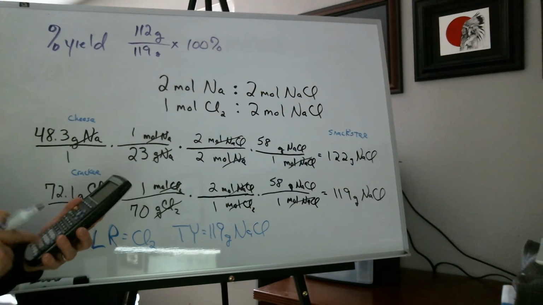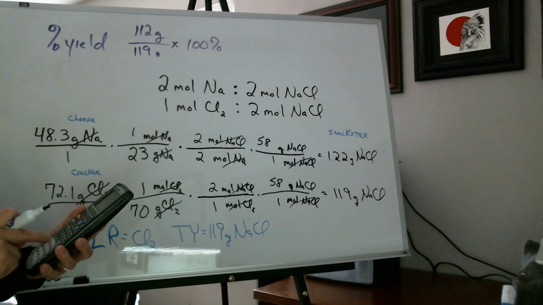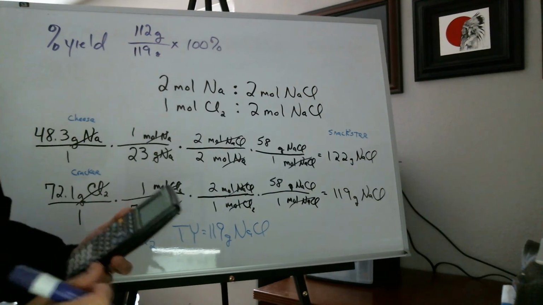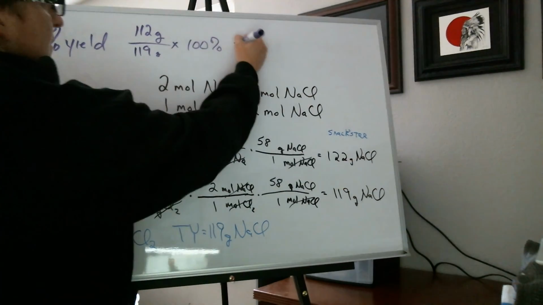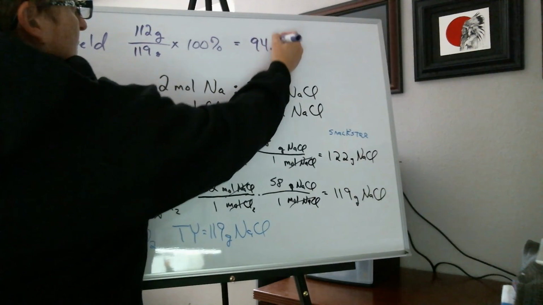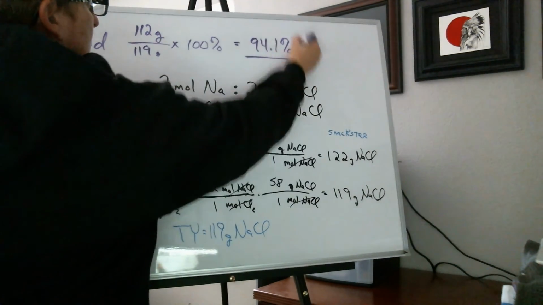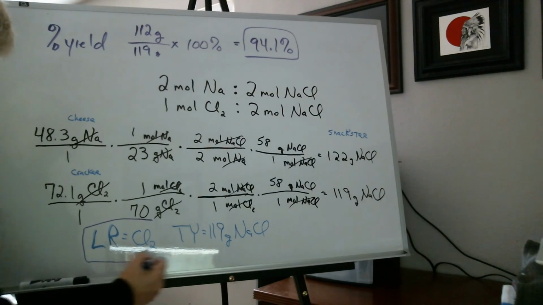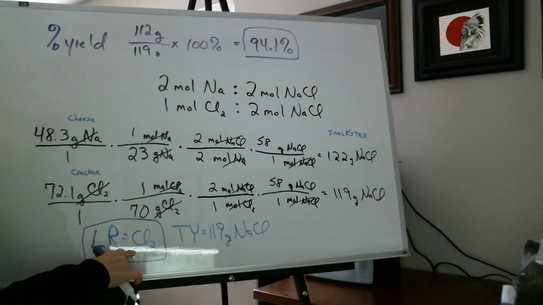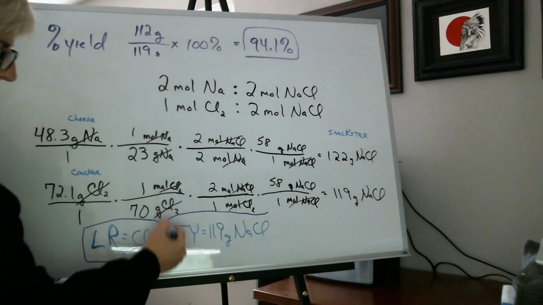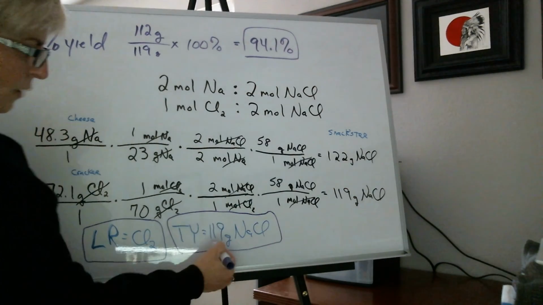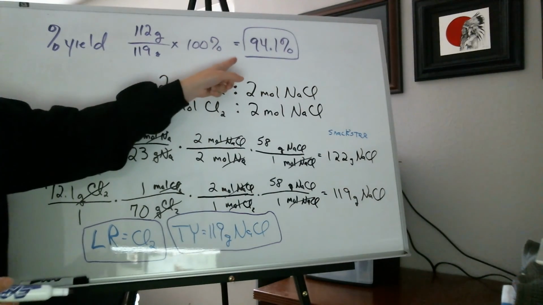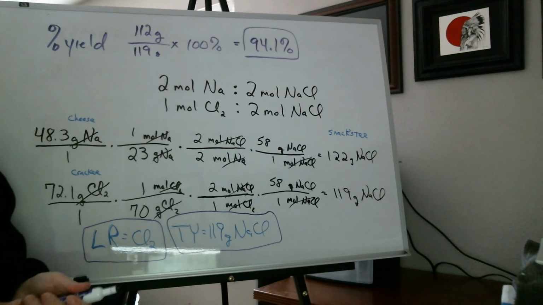So we're going to go 112 divided by 119 times 100 percent is 94.1%. So our three answers are: our limiting reagent is chlorine, our theoretical yield is 119 grams of sodium chloride, and our percent yield is 94.1%.